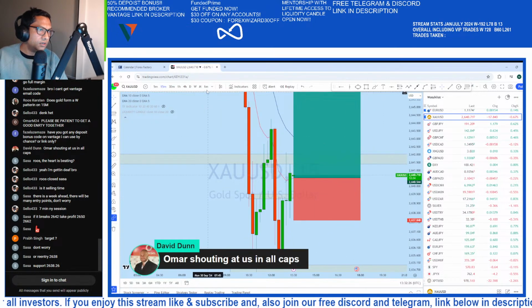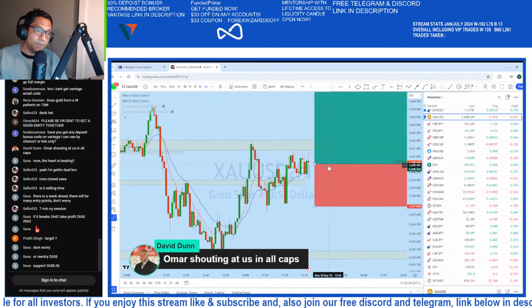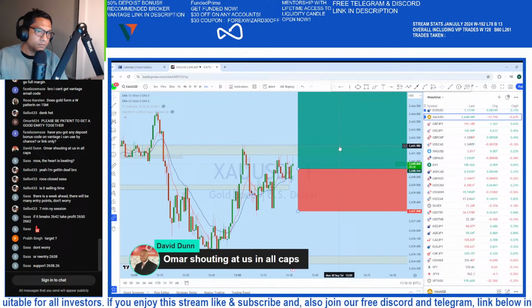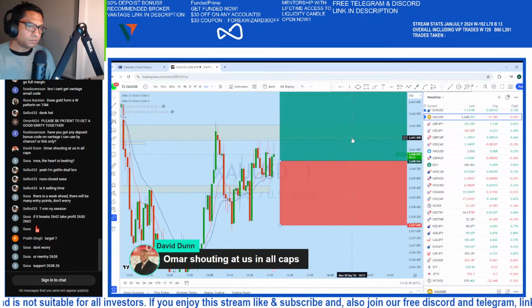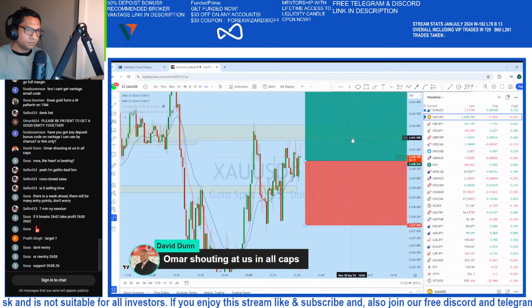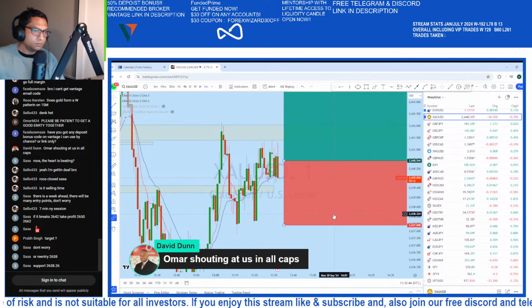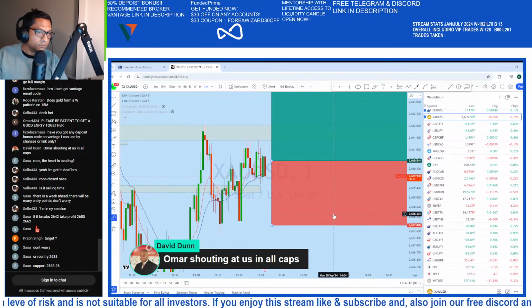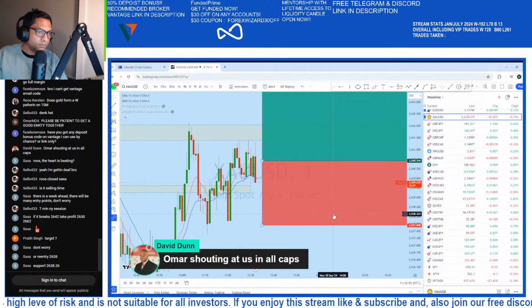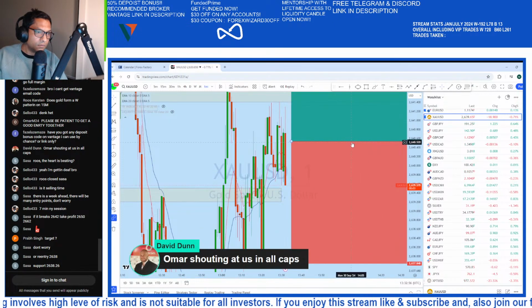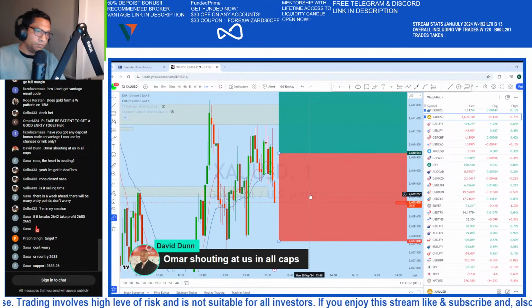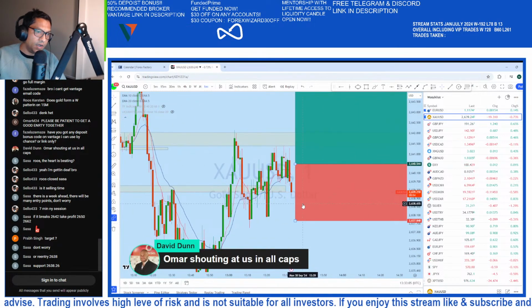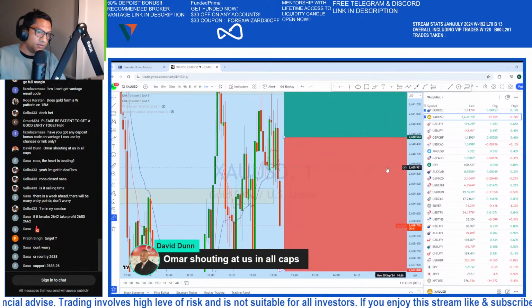Okay, there is a massive bounce here. Okay, so this is where we can see that liquidity grab. Okay, massive liquidity grab. Now this rejection I didn't like.